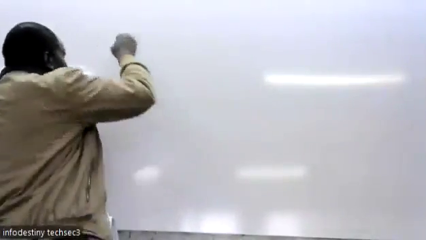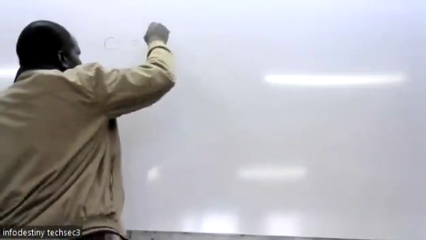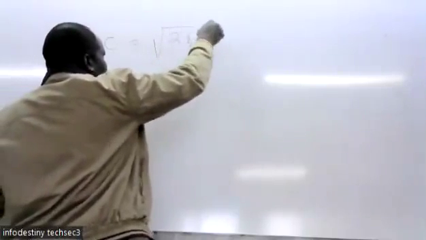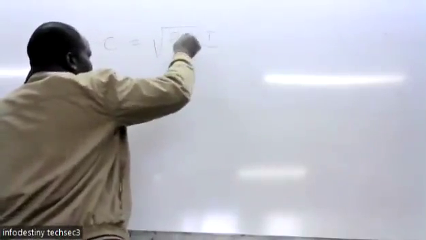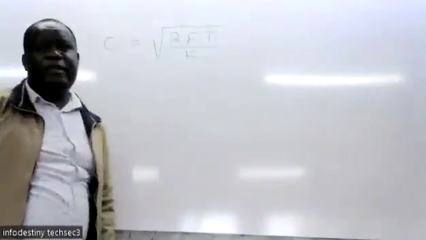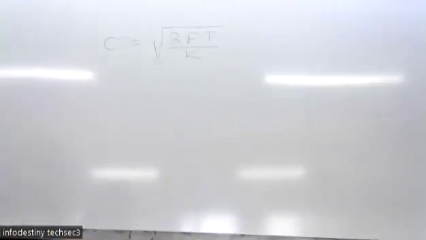C is given by 2FT, then divide by K. I want to explain what they stand for. So to calculate the optimal cash balance, C will be equal to 2FT divided by K.